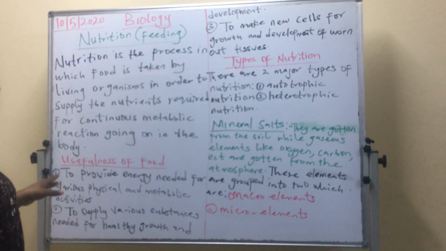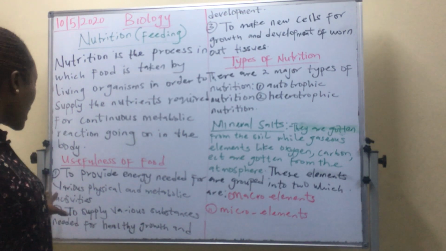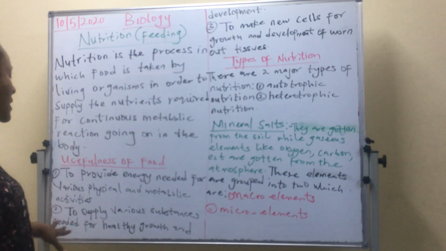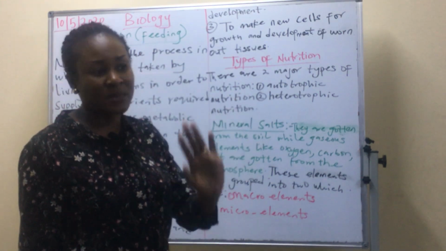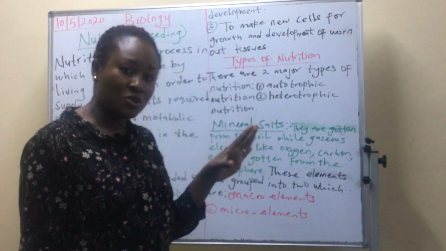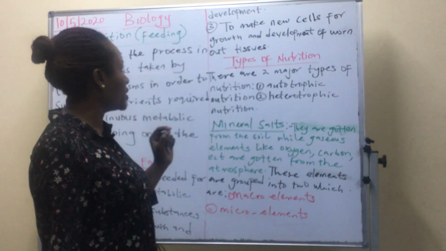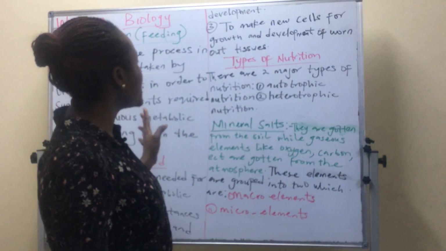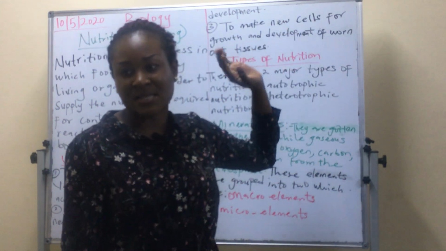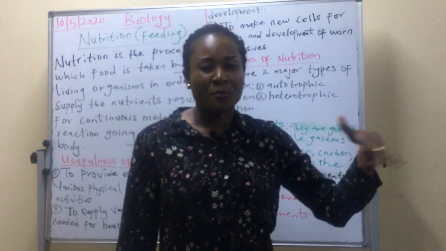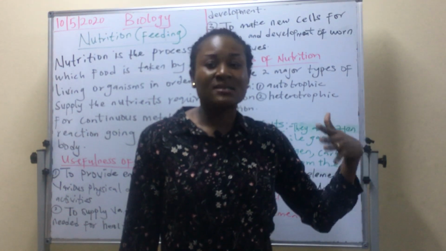What is the second usefulness of food? Food supplies substances needed for healthy growth and development of the body. The third usefulness of food is that it makes new cells. Remember, I told you that cells exist from pre-existing cells, and cells don't stay.